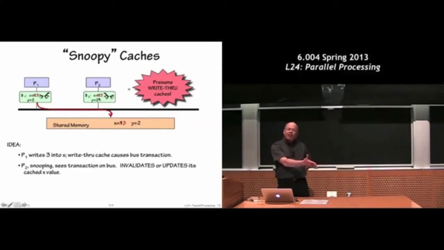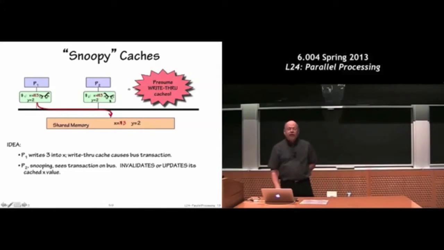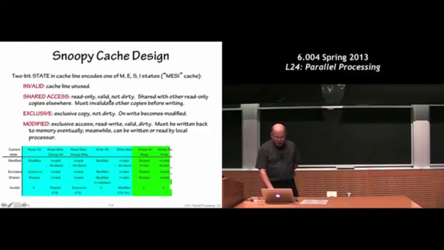You're obviously starting to change it over there in process 1. Why don't I just get rid of it in my cache? So the Snoopy caches can either keep updating their value or they can just invalidate the value. Say, look, I'm forgetting all about x. I'm no longer interested in the value of x. So Snoopy caches are sort of neat.